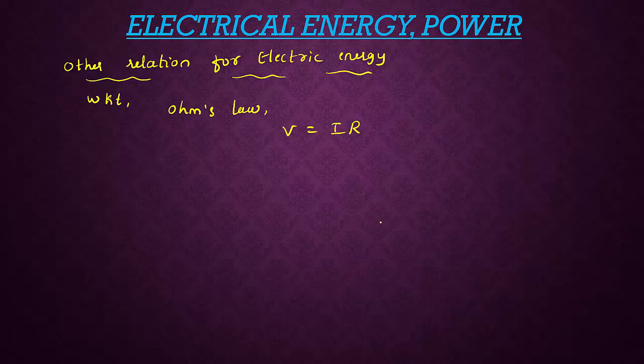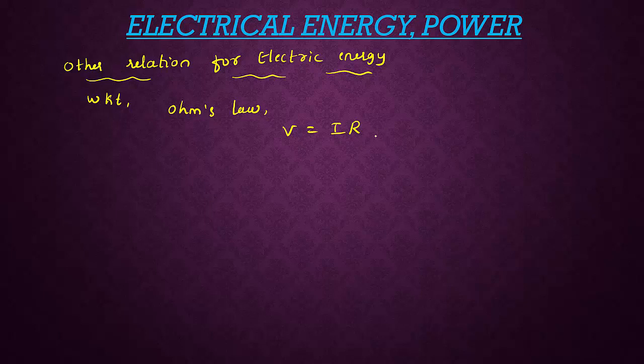What is the equation? V equal to IR. Potential difference across the ends of the conductor is directly proportional to electric current, when the temperature and other physical conditions are constant. V is directly proportional to I, or V equal to IR.